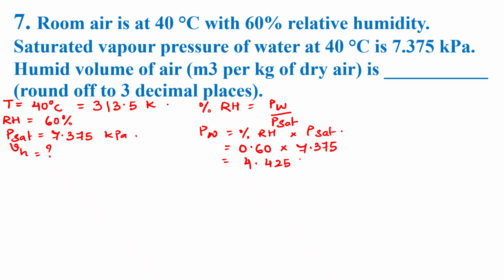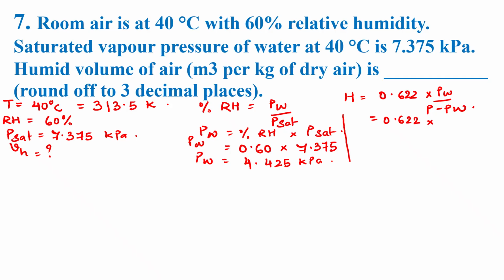Now since we are having PW value, we'll just put it and calculate H. So H is 0.622 into PW by P minus PW, or 0.622 into this, we got the value 4.425 by P is 101.325 minus 4.425, which is 0.0284.